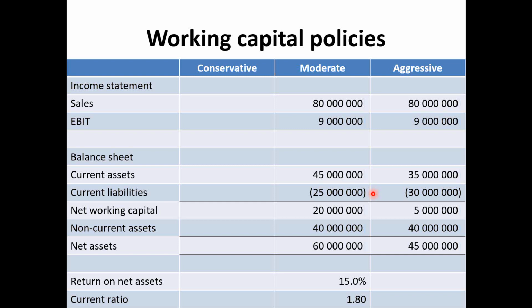This would reduce the cost because while overdrafts and short-term loans are more expensive in the long run, creditor finance is normally free unless we start paying late. We can then calculate the return on net assets and the current ratio, and again we see the same principle, that we have increased our return, but we have also increased our risk.